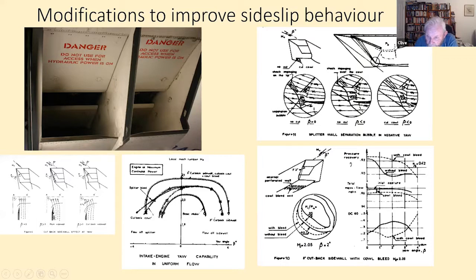And the cure for that was to put a bleed across the cowl in this sort of region and just exhaust it. And that actually improved the recovery. It changes these constant pressure contours, moves them outwards. The intake pressure recovery sort of moved.